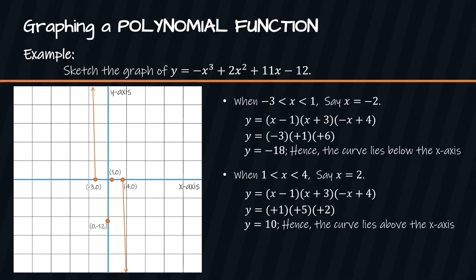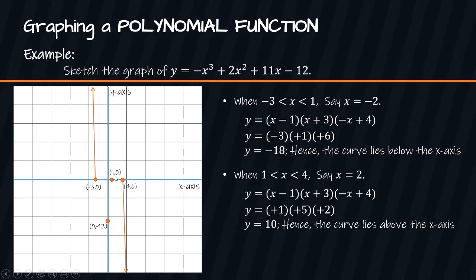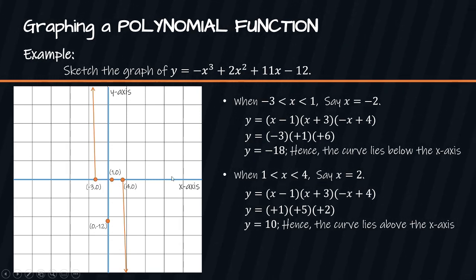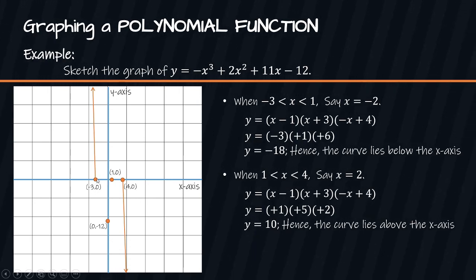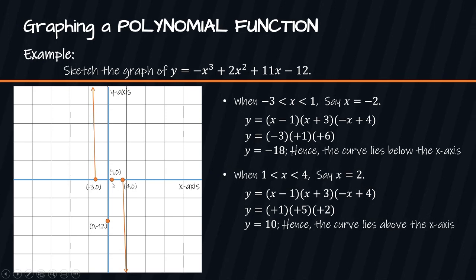So how do we draw this one? Note that in this step, we have to find the curve which lies between these coordinates and between these coordinates. So we know that between these coordinates, our y is a negative value. So the curve lies below the x-axis.